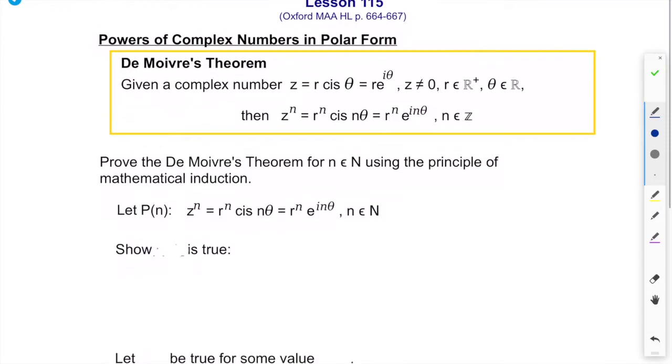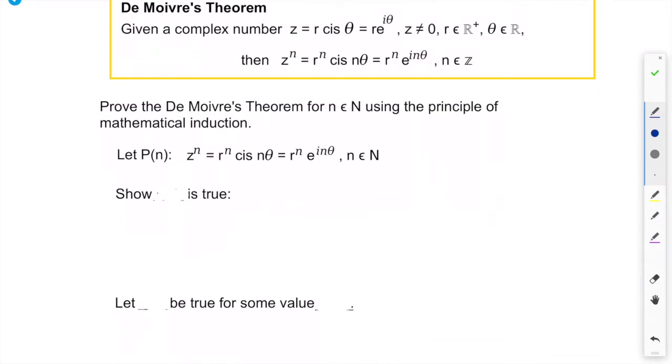What you have found is what de Moivre says in the theorem: given that a complex number z is equal to r cis theta, or in Euler's form, r e to the power of i theta, where z is not 0, r belongs to positive real numbers, and theta belongs to any real numbers, then we can conclude that z to the power of n is equal to r to the power of n cis n theta, or r to the power of n e to the power of i n theta, where n belongs to integers.